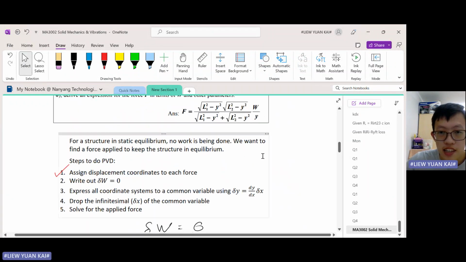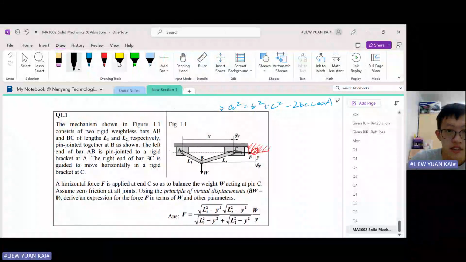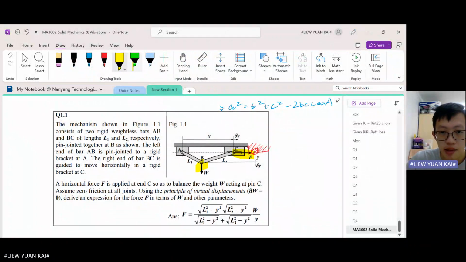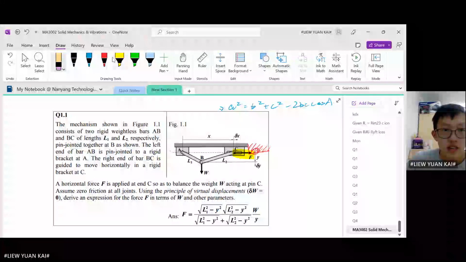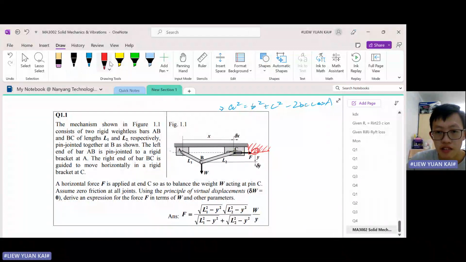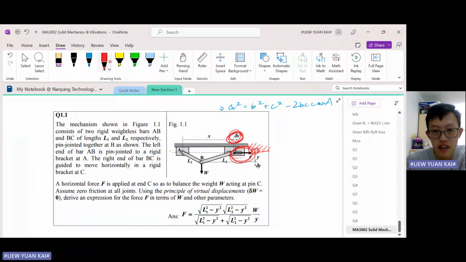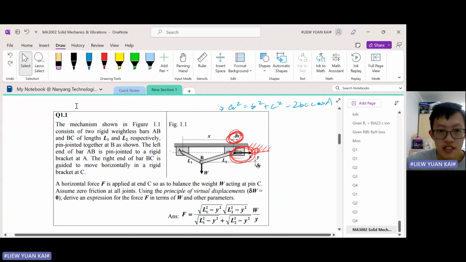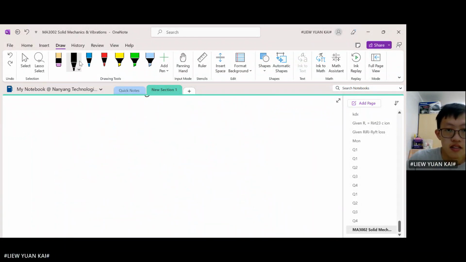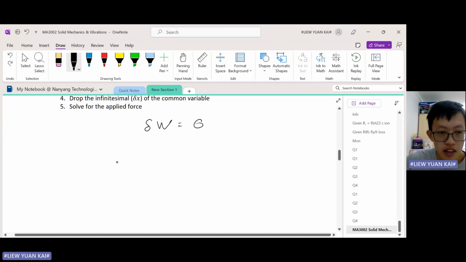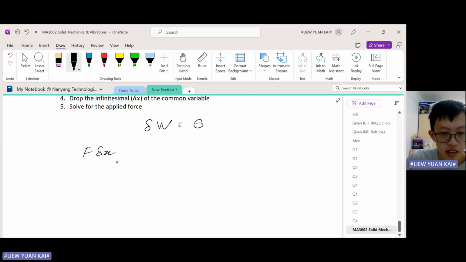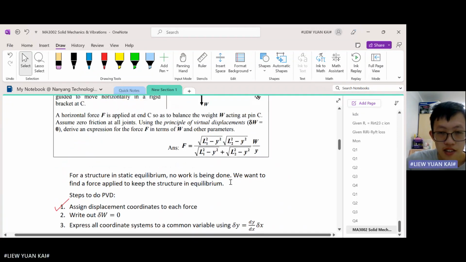So what are the forces acting in our structure? See, we have first F and then W. So let's take a look at F first. What is the work done by F? It is force, which is F, multiplied by the infinitesimal, okay? Not the coordinate axis, but the infinitesimal. So F multiplied by delta X. So first we have F multiplied by delta X plus who else?